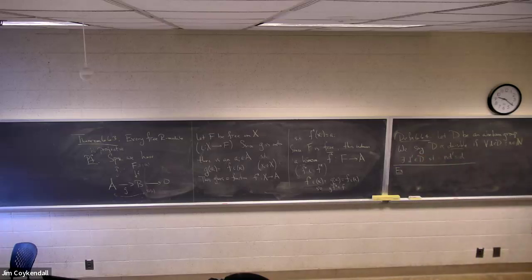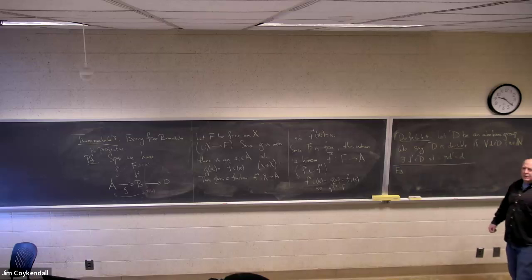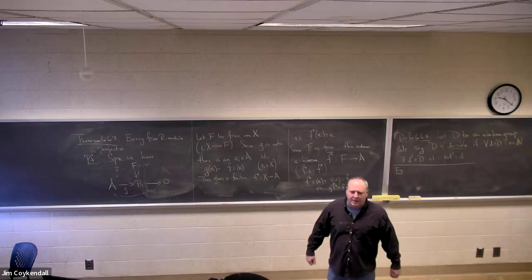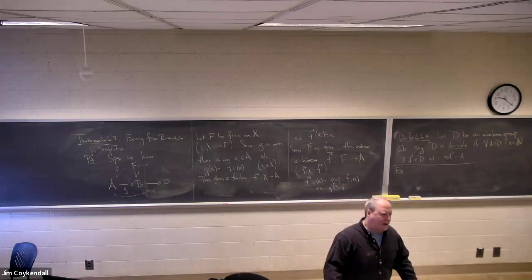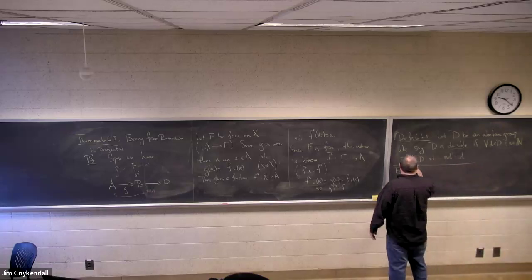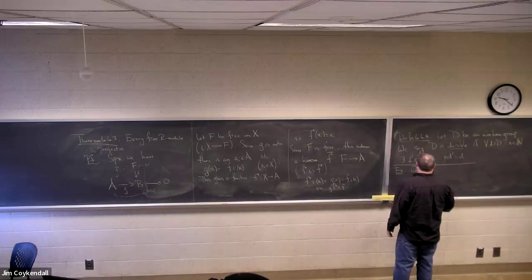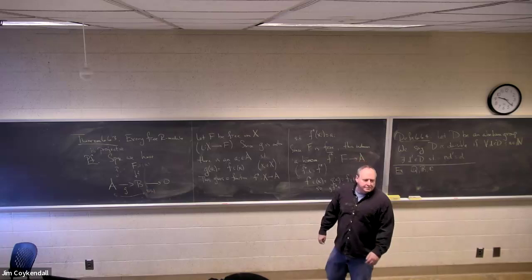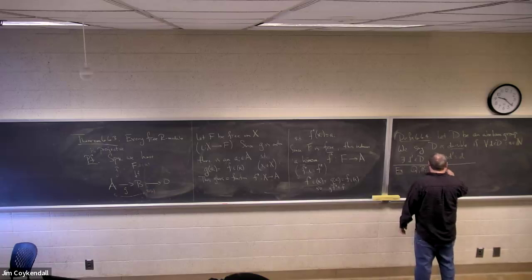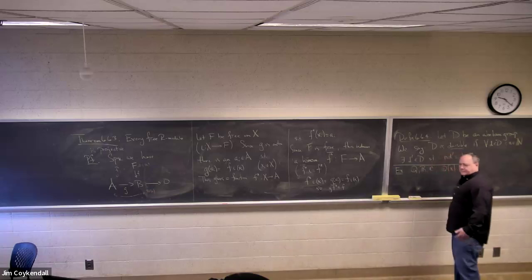Can anybody give an example of a divisible abelian group? An abelian group where you can basically give it any natural number and an element of the group, and divide by that natural number, and it's still in the group.